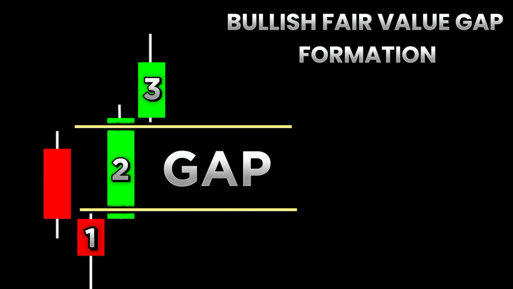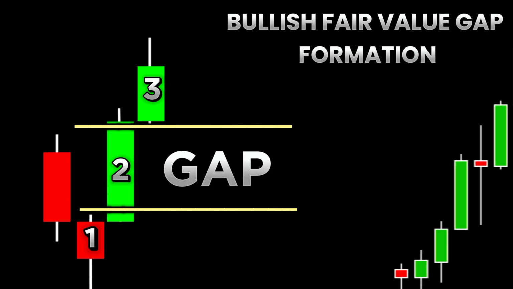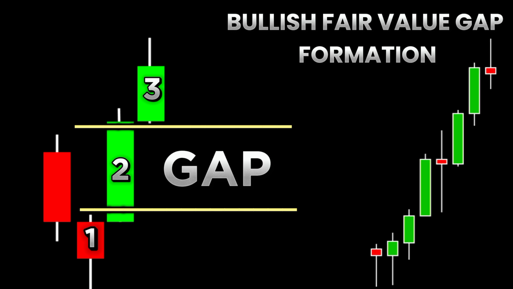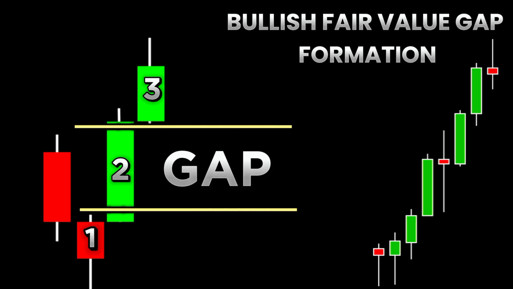But why is the fair value gap so special in the market? Watch this now. This is what a normal balanced candlestick movement looks like in the market. And now, compare it to the fair value gap and see a huge difference. See that they are not the same in structure.